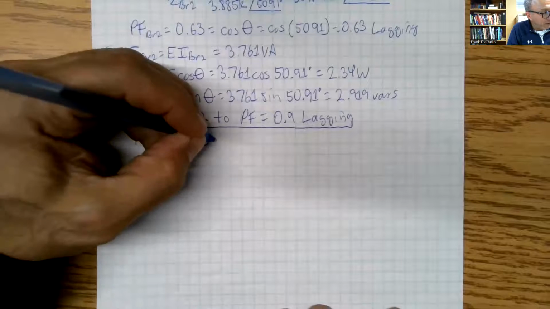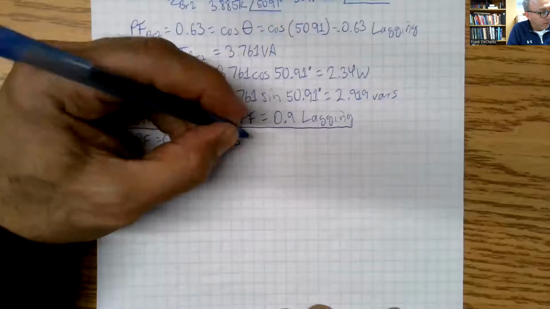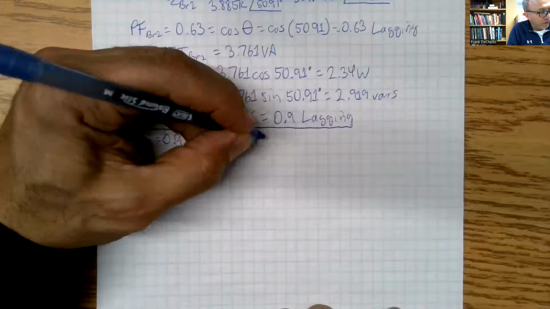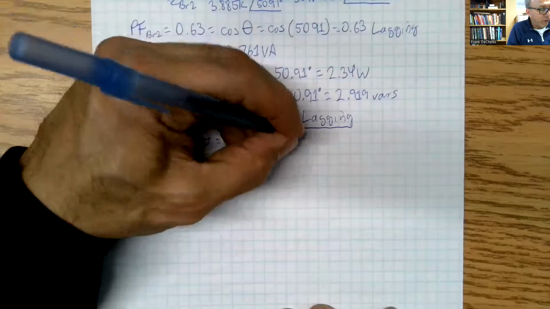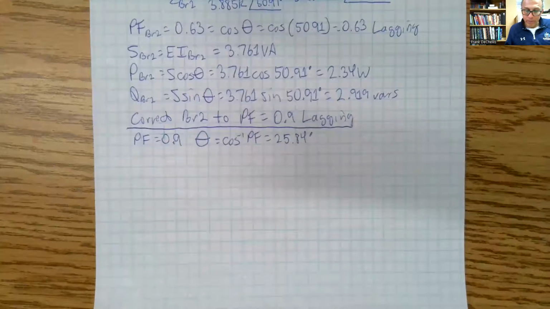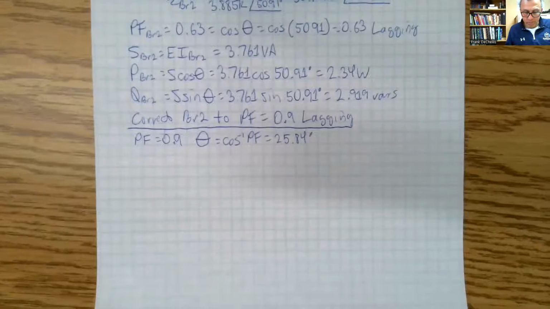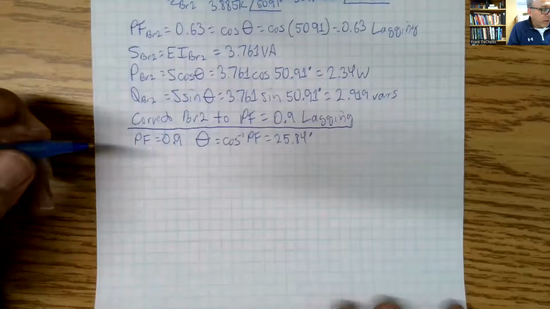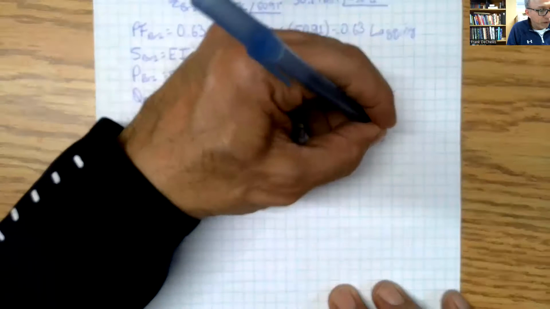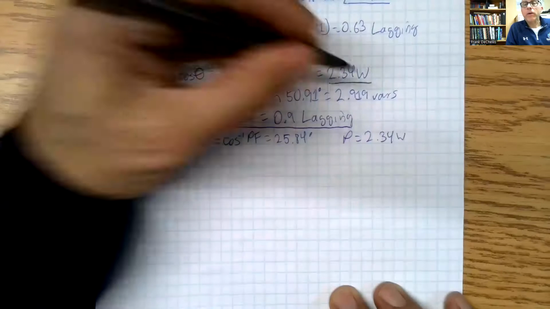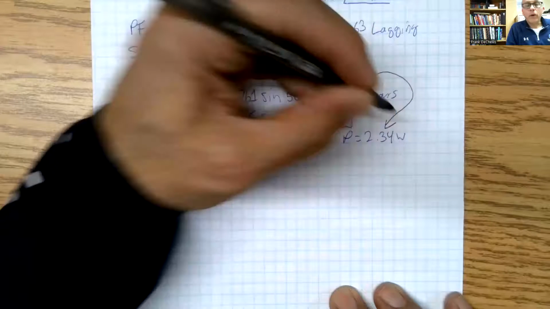So that means we know theta is equal to inverse cos of power factor, which works out to 25.84 degrees. Okay. All right. And we know that power is equal to 2.34 watts. That hasn't changed. Okay. And we got that from here. All right. That carries forward.